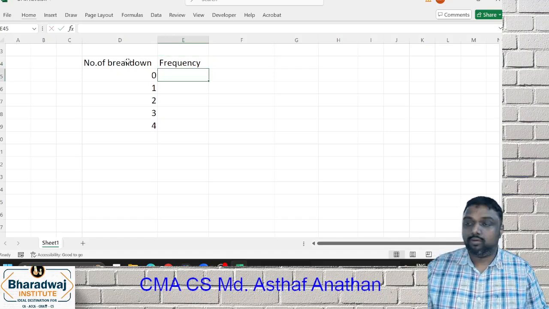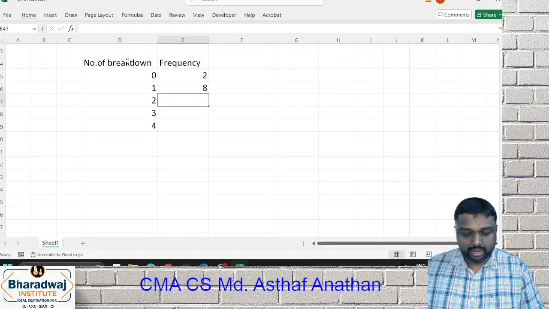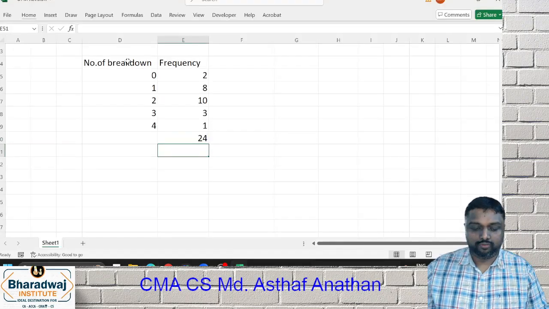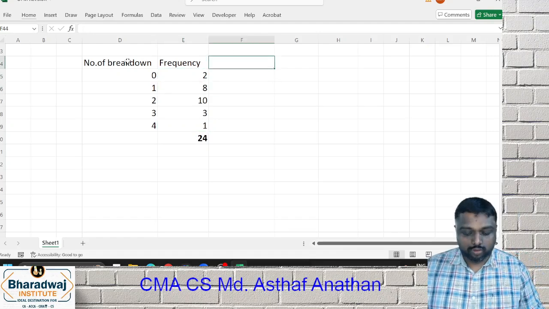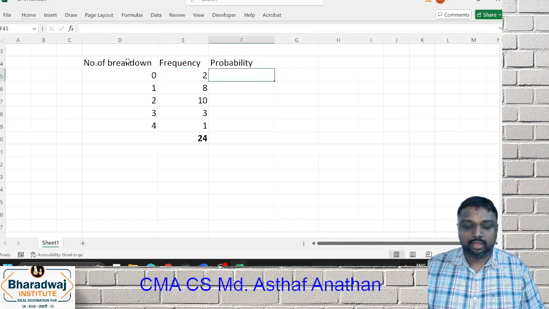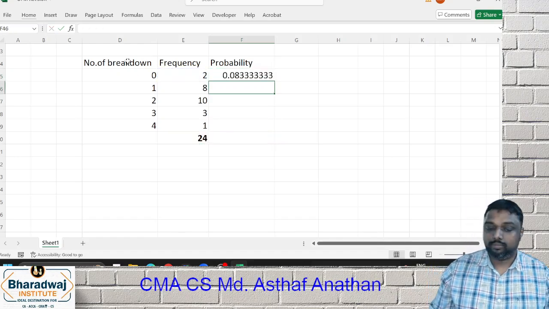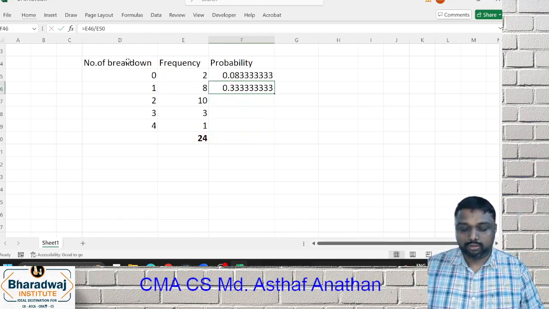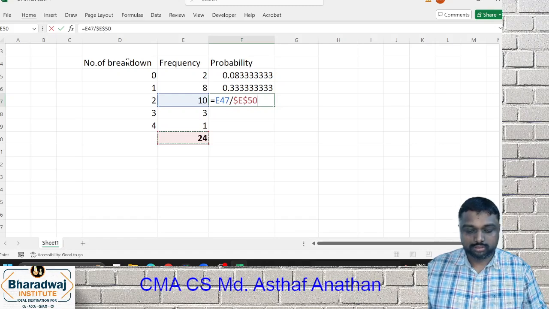The frequency is 2, 8, 10, and so on. Total comes to 24. So out of 24 months, 2 months had no breakdown, and 8 months had one breakdown. So you can find the probability: out of 24, 2 times it came, out of 24, 8 times it came. Like this, you can get the probabilities.